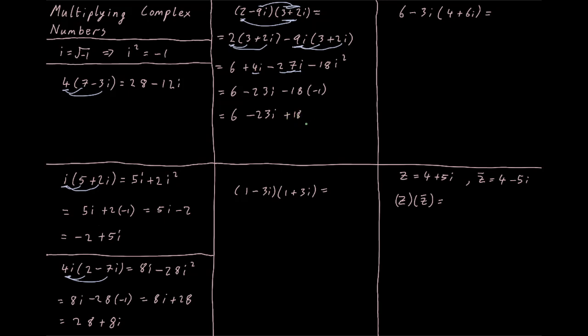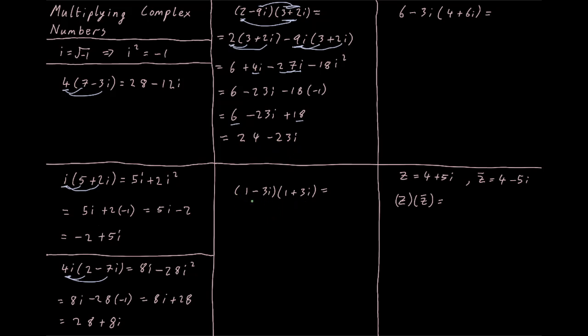And then I gather up my like terms. I have my real parts here, so I will add them together, and I get 24 in the real minus 23 in the imaginary. And I write my real part first.